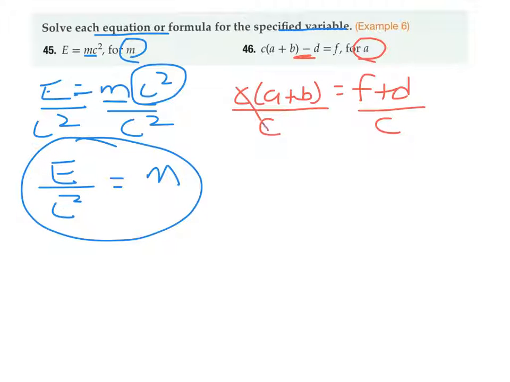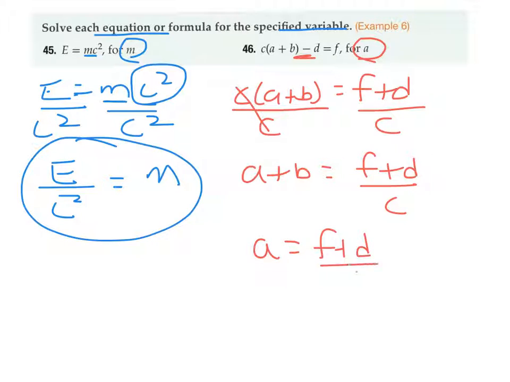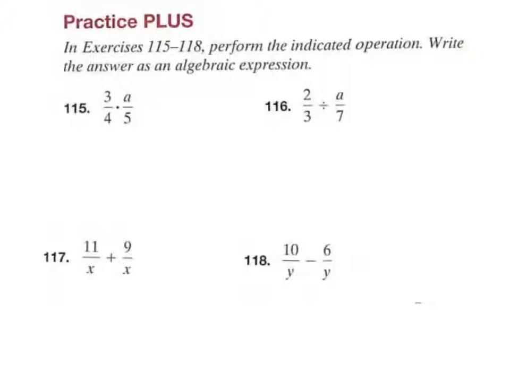That cancels it out. So now I have a plus b equals f plus d over c. And then the last thing is subtract b. So to isolate the a, I have my f plus d over c, and I'm going to subtract b because that's what I have to do to get rid of it in this equation. So on these problems, we're going to multiply, divide, add, and subtract.